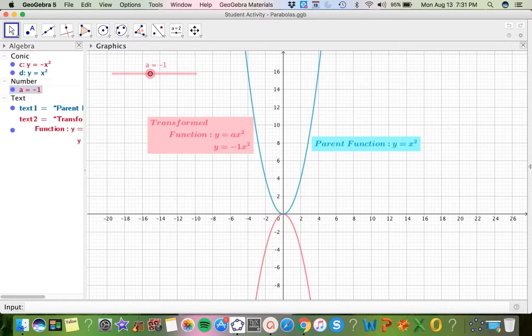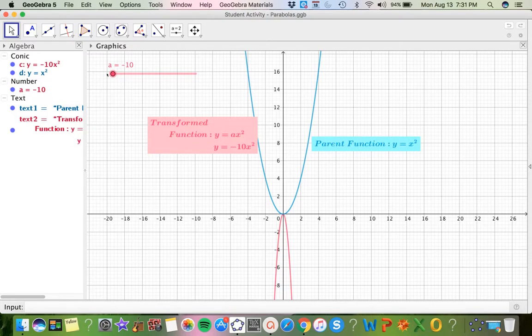When a is -1, that is exactly a mirror image in the x-axis. Okay, so let's continue to decrease a. Let's see what happens. So as I decrease a, it just gets narrower and narrower, and it's flipped upside down.